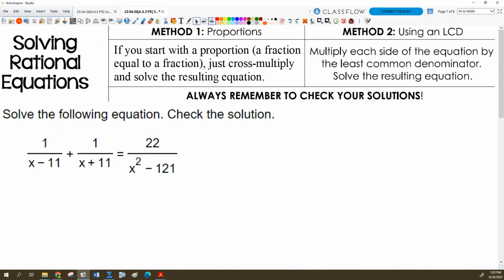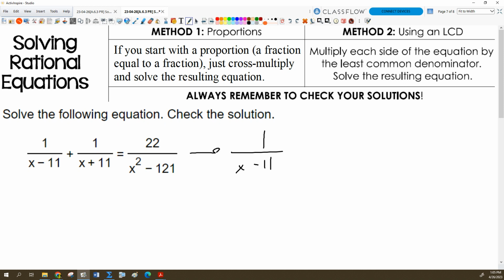Let's try another one. How about this guy? Okay, so what do I have to do first? Factor the denominators, good. Okay, so we got to rewrite this guy. If I factor the denominators, I get 1 over x minus 11. That one's prime.